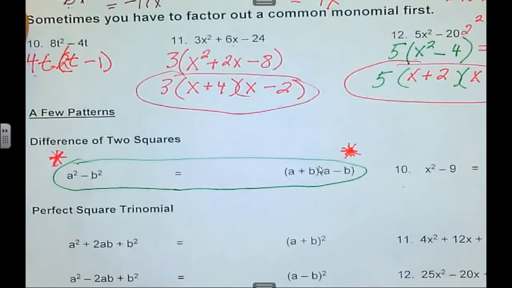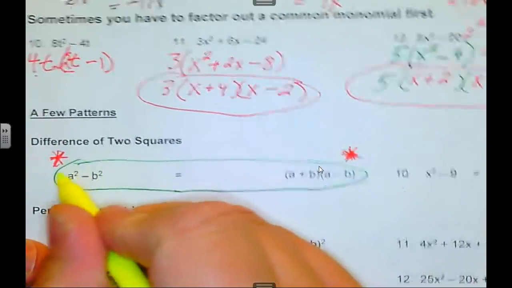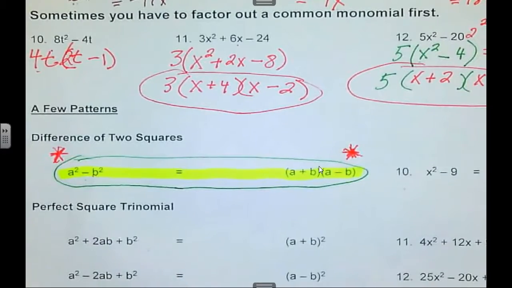It's up there on your sheet. I starred it. I circled it. You want me to highlight it? Don't worry about perfect square trinomials. It just isn't worth it.